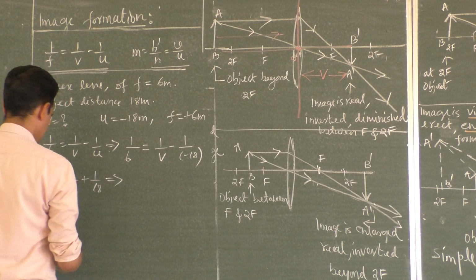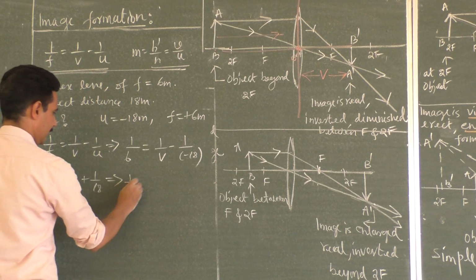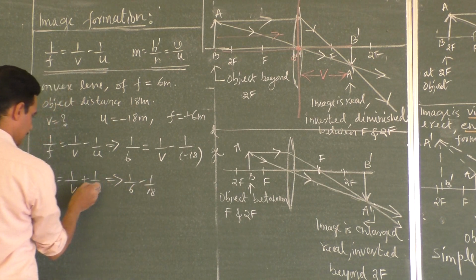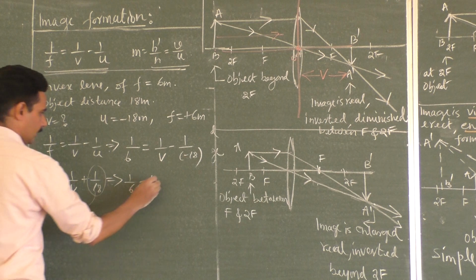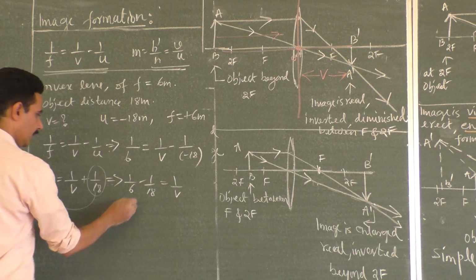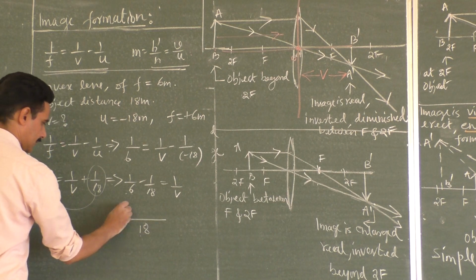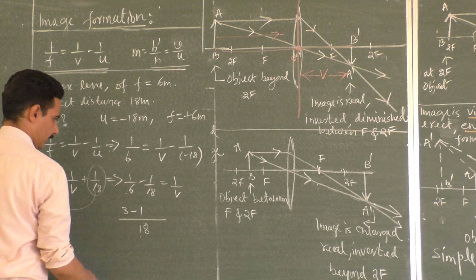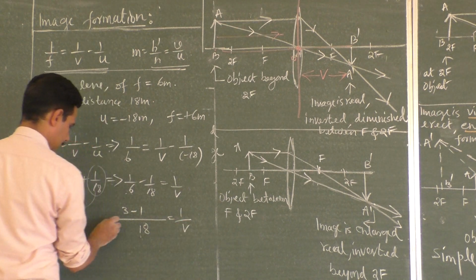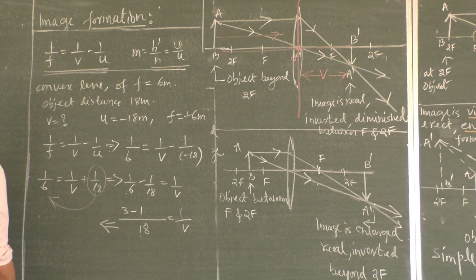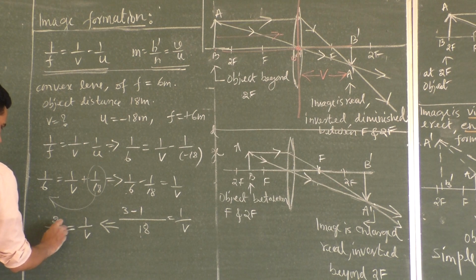Bring this 1 by 18 here. 1 by 6 minus 1 by 18 is equal to 1 by v. Take the common denominator 18: 6 3s are 3... 3 minus 1 over 18 is equal to 1 by v. That implies 1 by v is equal to 2 by 18, that is 1 by 9.